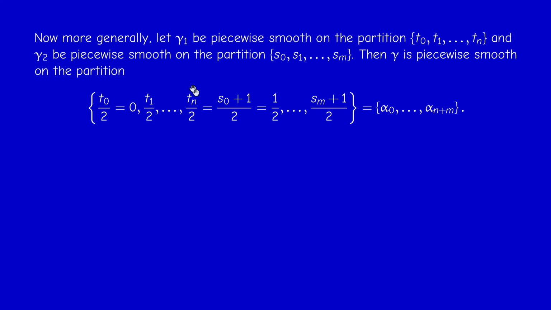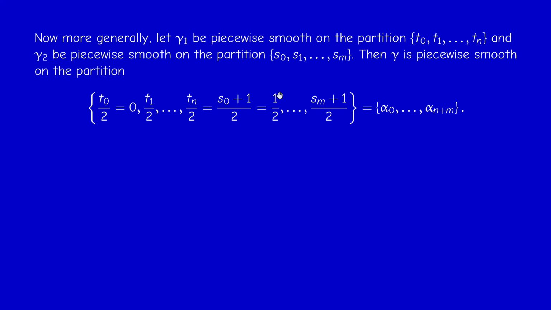Notice that the two partitions now have a common point, which is tn over 2 or (s0 plus 1) over 2. When tn equals 1, I get 1/2; s0 equals 0, so I get 1/2. So what I did is glue together two partitions of [0, 1] after a suitable change of variables.